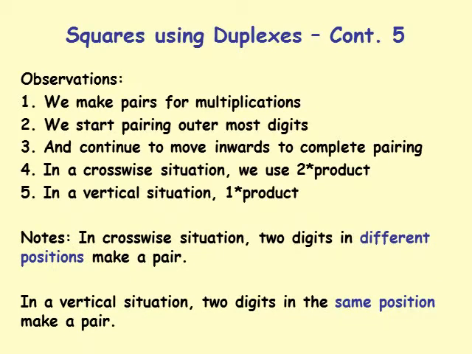Note, in a crosswise situation, two digits in different positions make a pair, and that gives me twice the product. In a vertical situation, two digits in the same position make a pair, and that gives me one time the product.